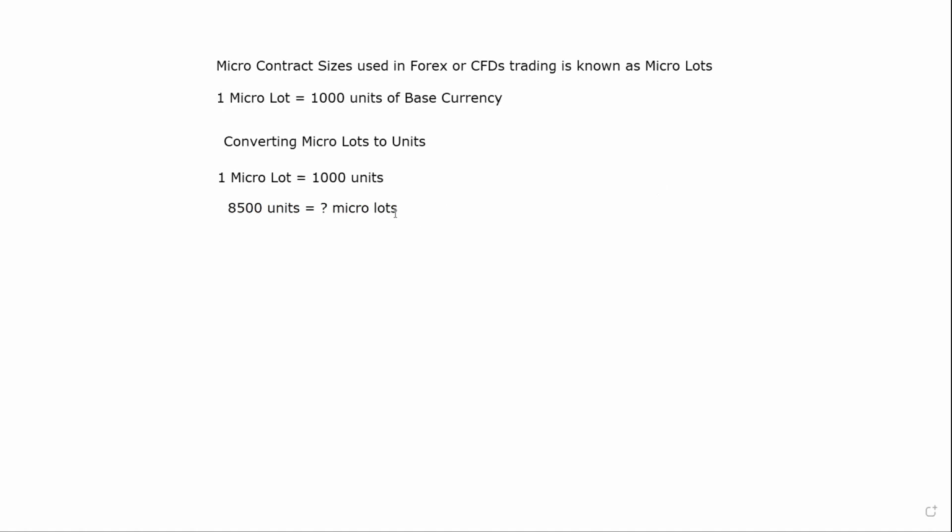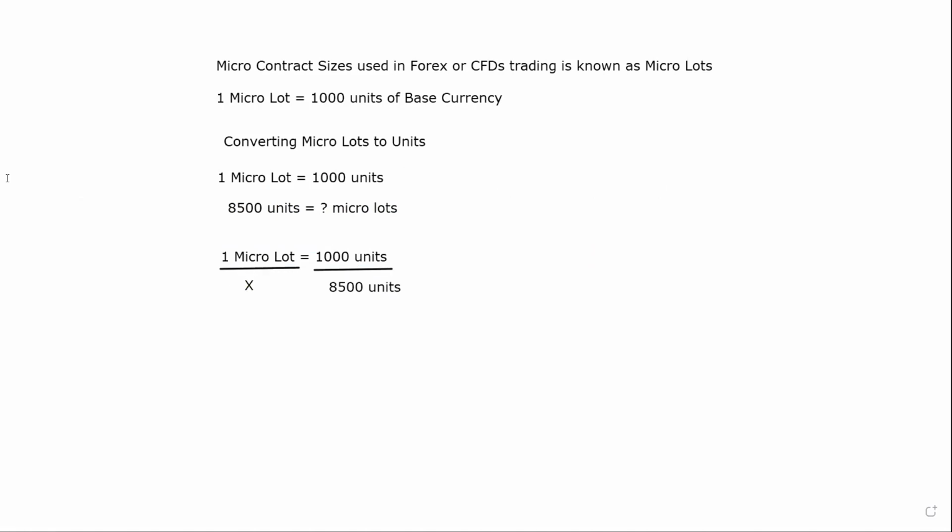We're going to apply the principle of direct proportion. Okay, so we're going to just copy our first conversion. Okay, 1 micro lot is equal to 1,000 units. Now we have to apply the direct proportion rule. Okay, and we are given the value of 8,500 units. We have to figure out the value of x, which is micro lots.